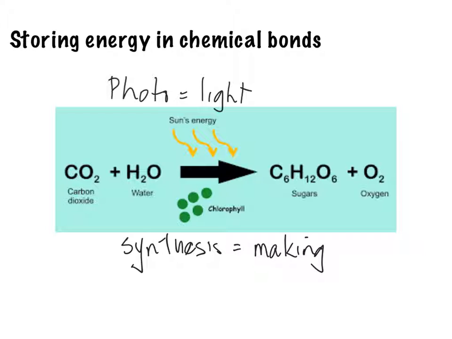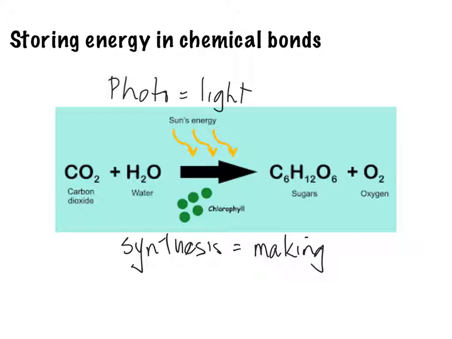You might already know that oxygen gas is O2, and hopefully we know that water is H2O and carbon dioxide is CO2. To do this, these things must be present: energy from the sun, radiant energy, and chlorophyll, a green chemical in plants. If all those things are there, then this reaction will happen.